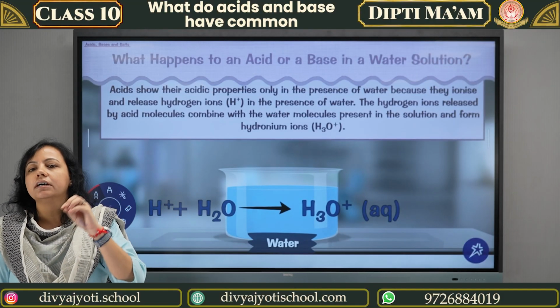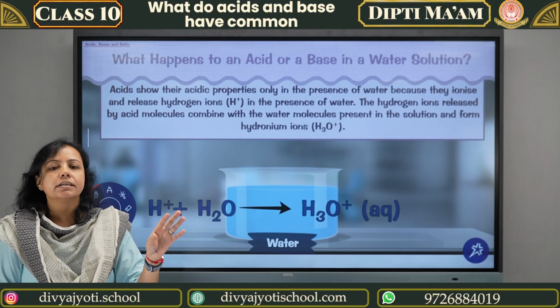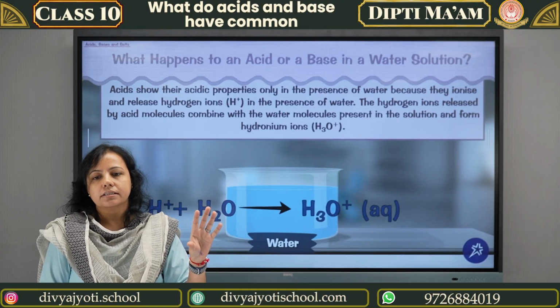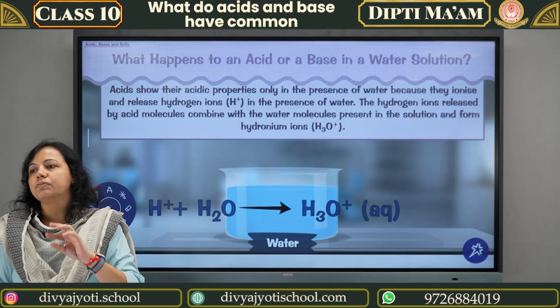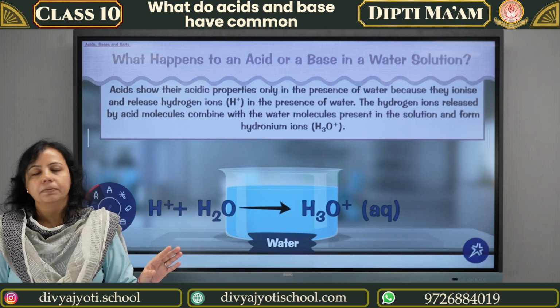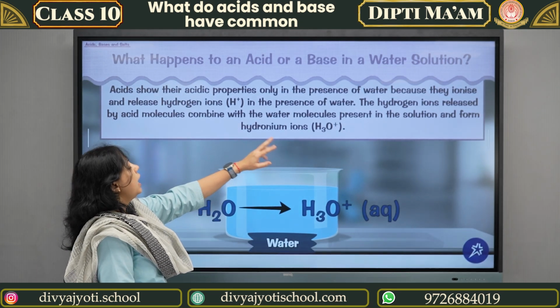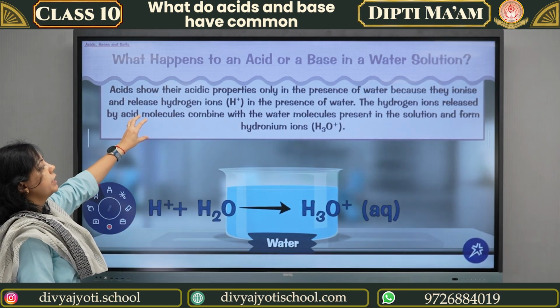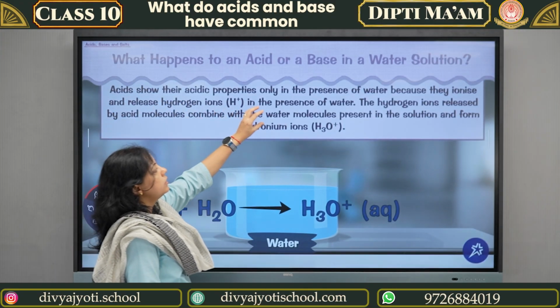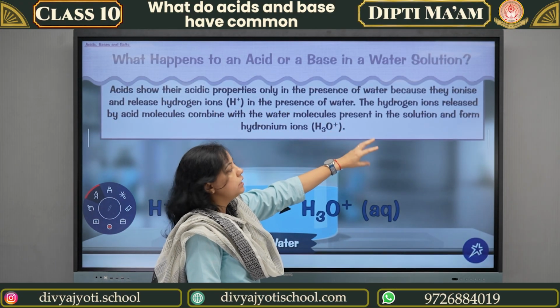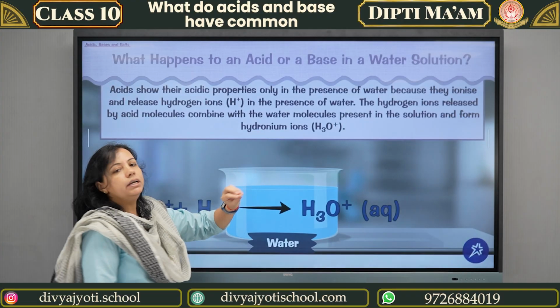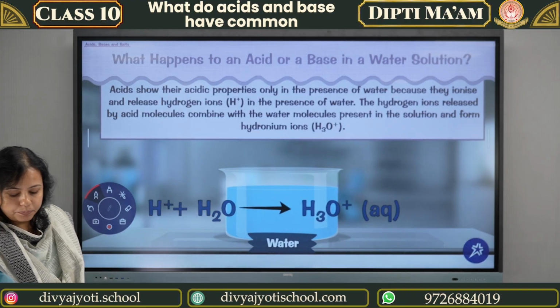If water is not there, the acid doesn't release the ions. The ionization process without water will not happen. The hydrogen ion released by the acid molecule combines with the water molecule present in the solution and forms the hydronium ion.